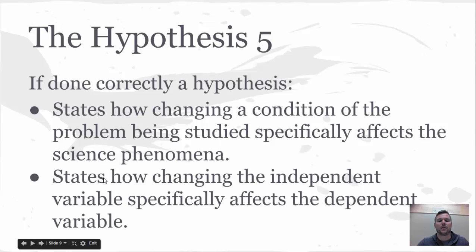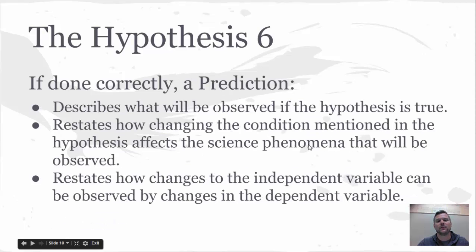And then to put that into the terms of independent and dependent variables, we would say how changing the independent variable specifically affects the dependent variable. And then finally, if we do a prediction correctly, that should describe what we will see if that hypothesis is true.